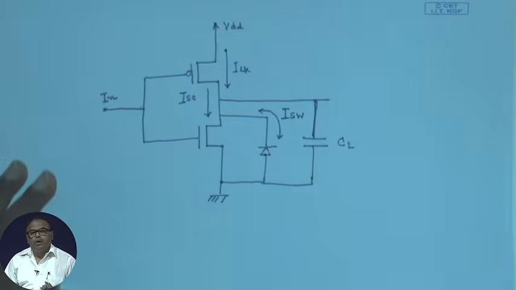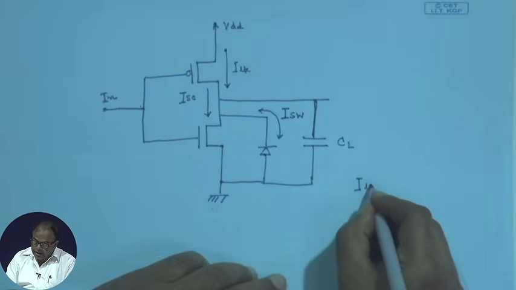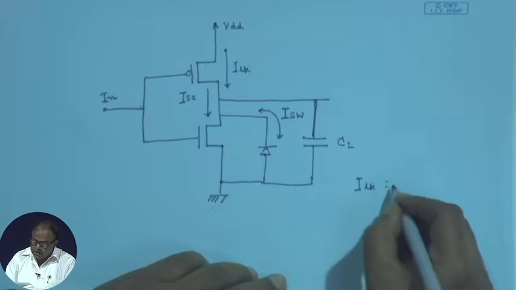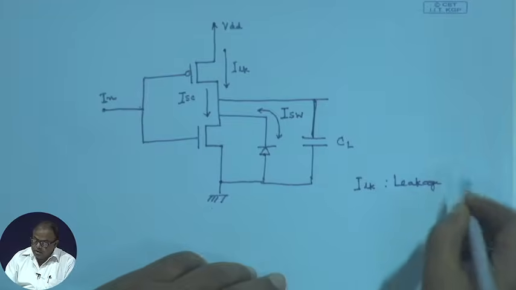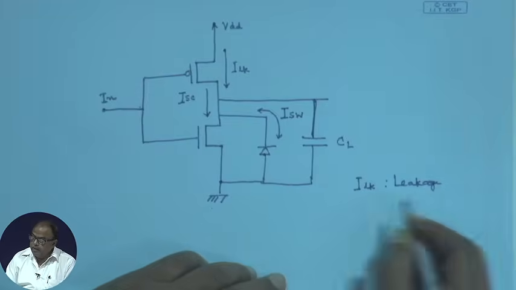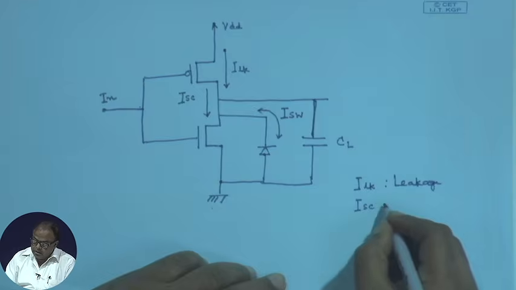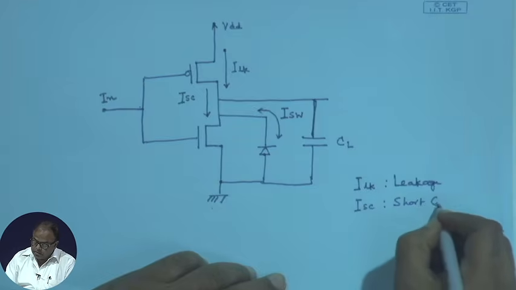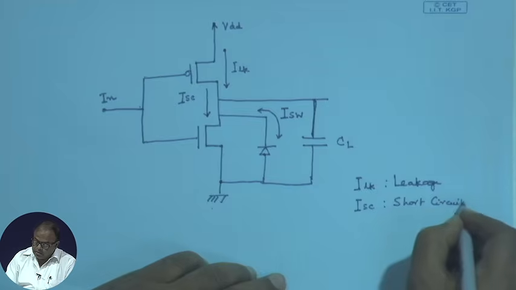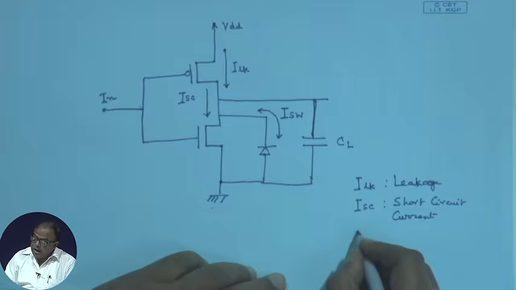So, we have got three components. One is ILK, which is the leakage current, which is there all the time. Okay. There is a short circuit current, we do not have much to do with that, and the other is the switching current.